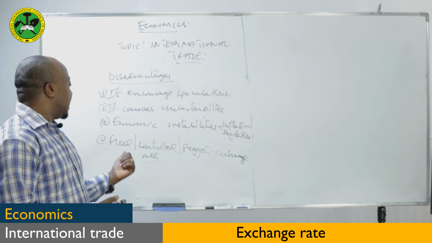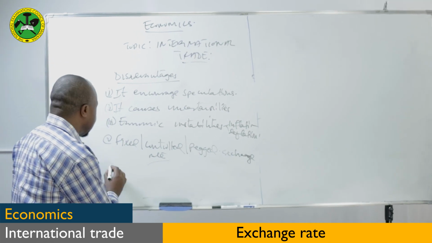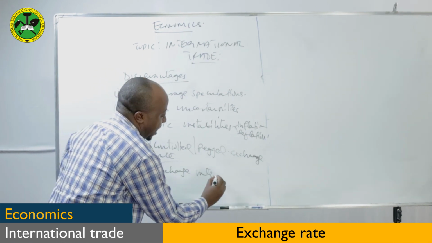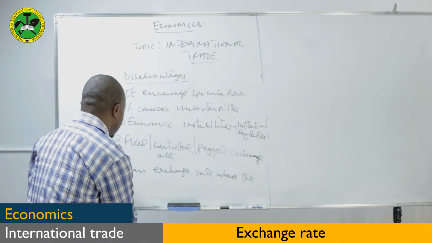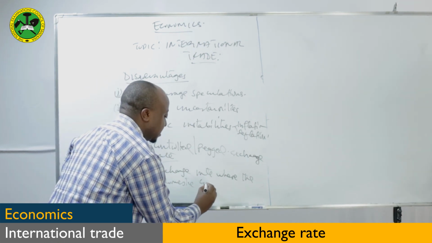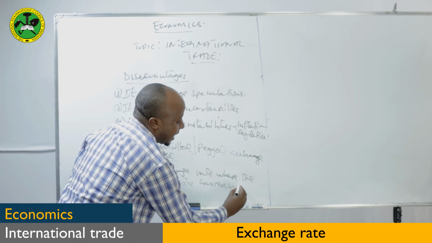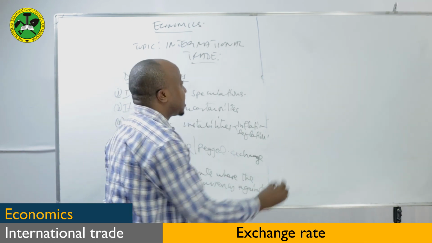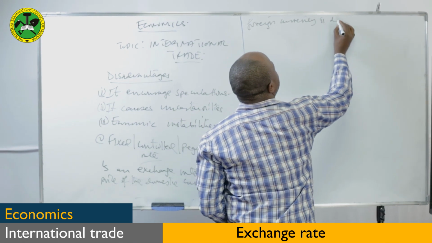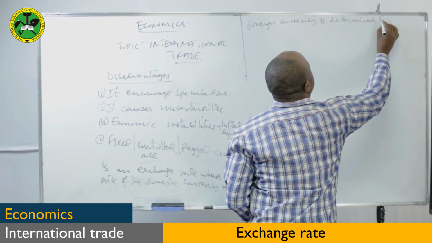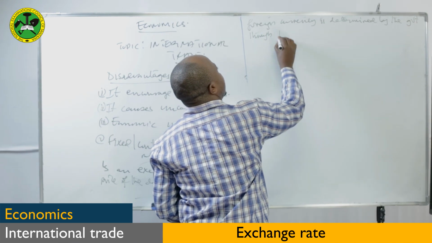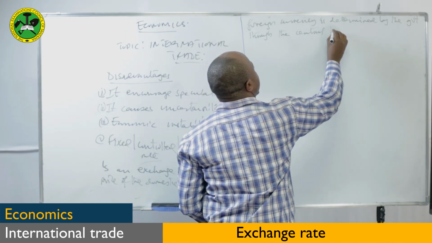How does it operate? In this form of exchange rate, we say it is an exchange rate where the price of the domestic currency against foreign currency is determined by the government through the central bank.